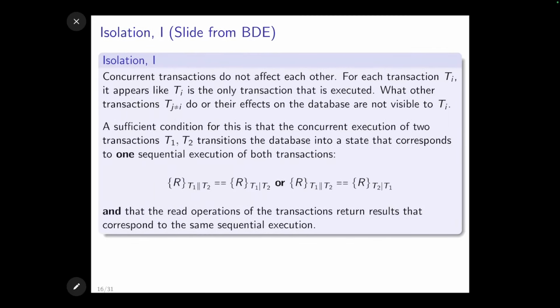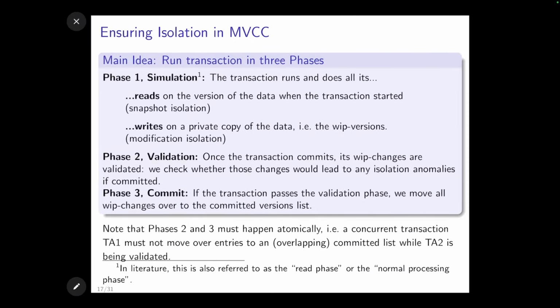Okay, here we talked about isolation. And then these 3 phases, they are important. So again, phase 1 is the simulation phase, where the transaction is working in its bubble, on its private copy of the database, its private snapshot. That's what I used my phone for last time. You do a snapshot of the data, a read-only snapshot, like a picture you take with your phone. And all the changes are also in the private bubble.